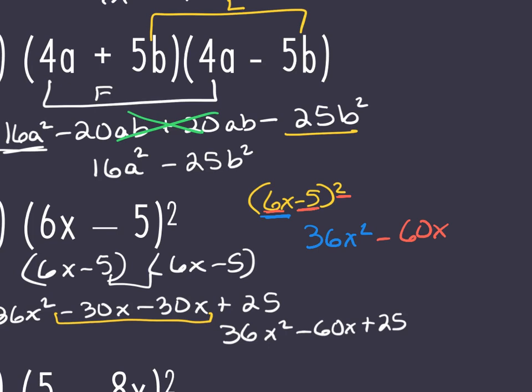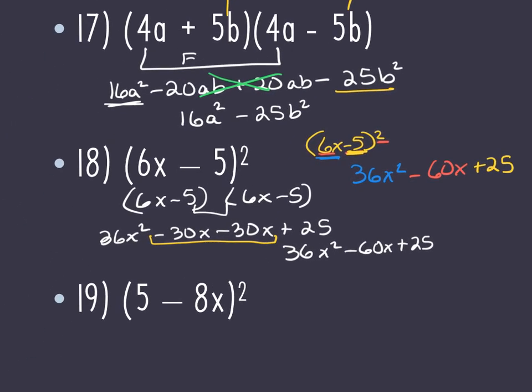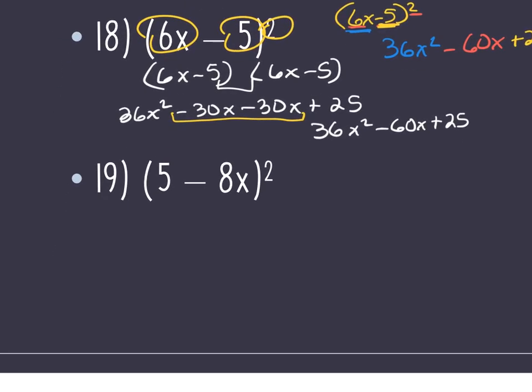And then the last term, I just square that and I get the positive 25. That's a little trick I do with it. But again, sometimes students forget tricks or go back and memorize the pattern. The pattern is this times this times 2 to get the middle term. Okay, let's try the next one. We could try it with the trick.